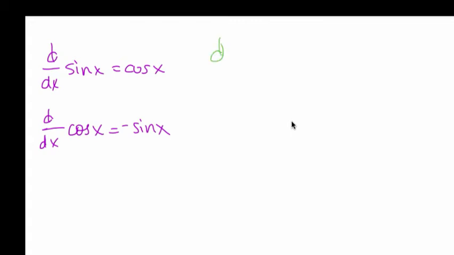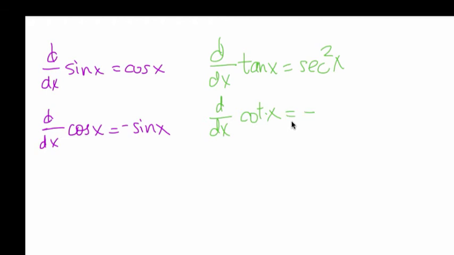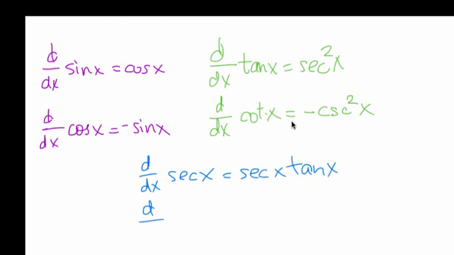We said the derivative of tangent is secant squared, and the derivative of cotangent is negative cosecant squared. Lastly, the derivative of secant was secant tan, and the derivative of cosecant is negative cosecant cotangent.